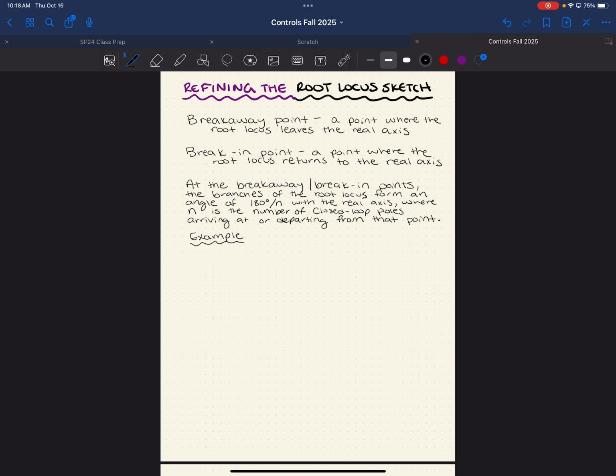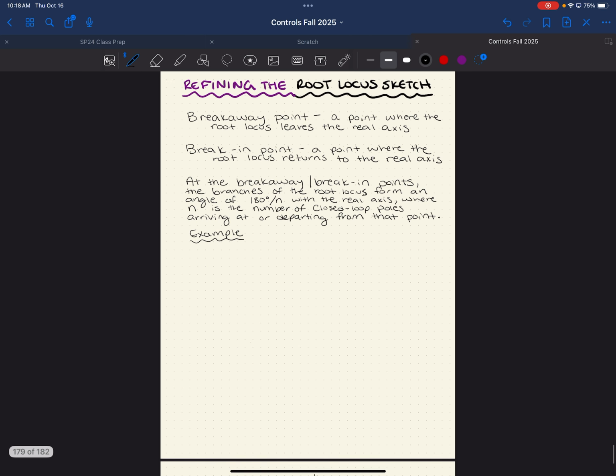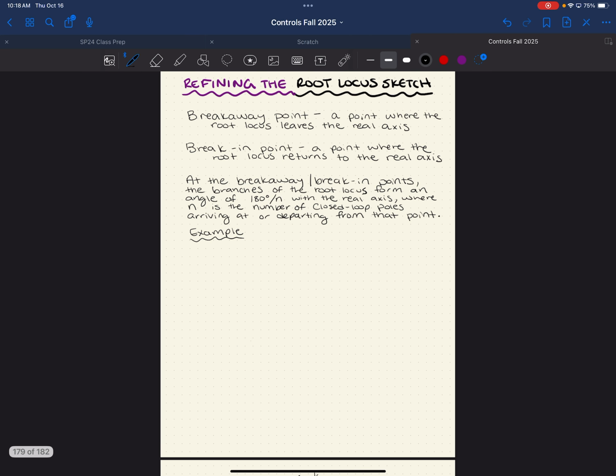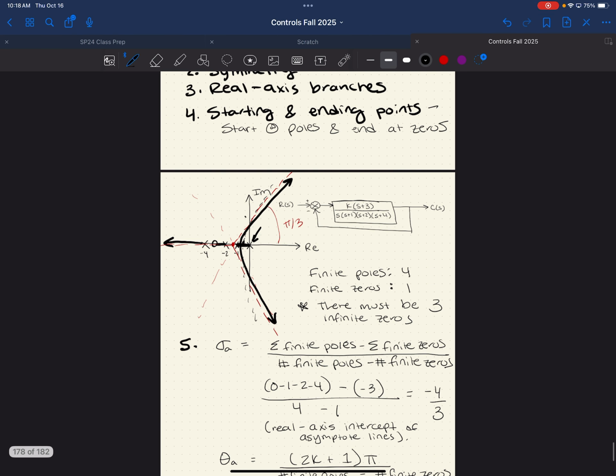Okay, so what we're going to talk about next: I'm going to give a specific name to these points that David talked about, right here. This particular spot where I had real axis branches that suddenly became no longer real axis branches. They shot off from the real axis, either up or down.